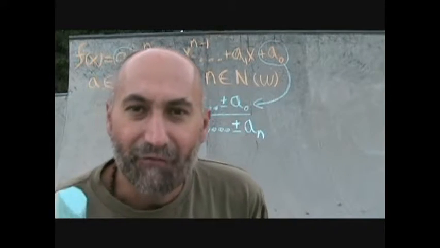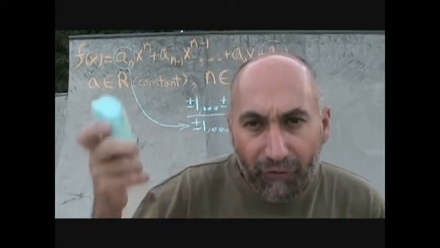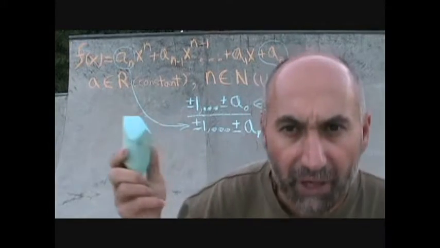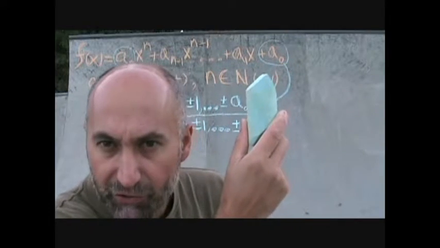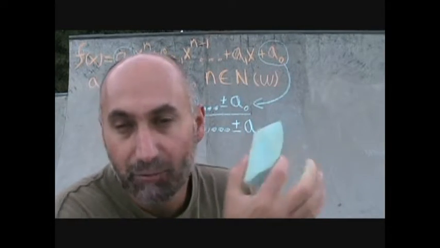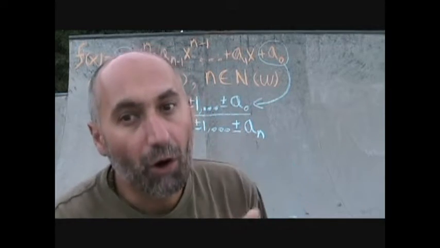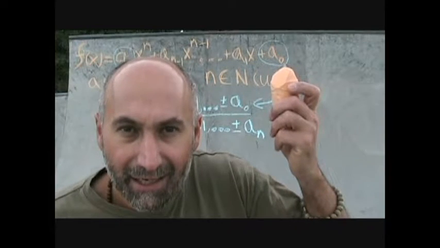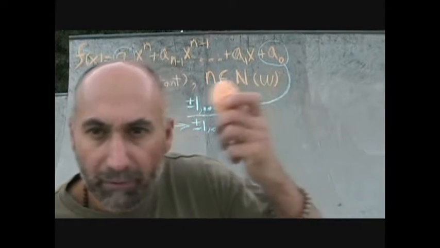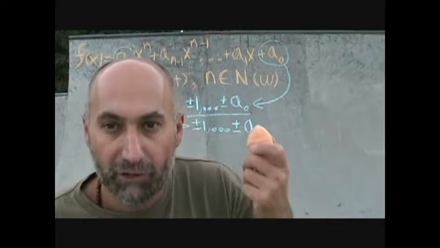So the factors we're going to look into for factoring a large polynomial are the possible factors of the constant, the a sub 0 term. We're not just talking about the prime factors, we're talking about all possible factors. So if this number were 8, the possible factors of 8 would be plus or minus 1, plus or minus 2, plus or minus 4, and plus or minus 8.